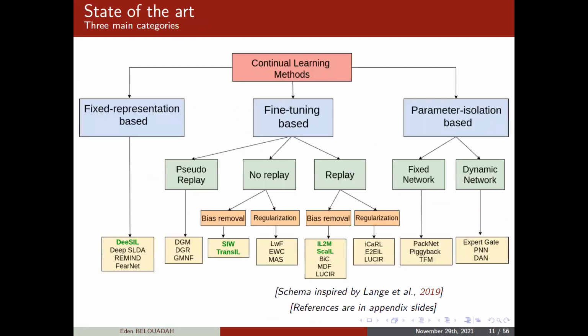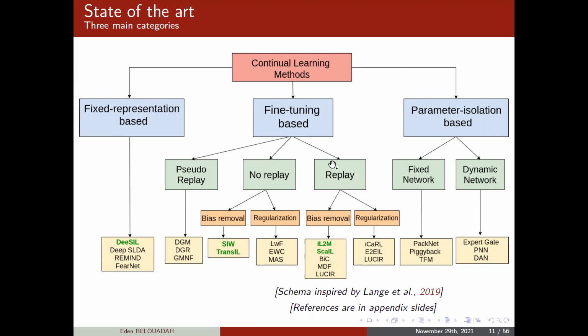There are three main categories in continual learning. The first one are methods that are based on fixed representation. These methods train the model on the first batch of classes and they freeze it afterwards. The second type of approaches is based on fine-tuning, and this is the most popular kind of approaches. And here we have three subcategories.